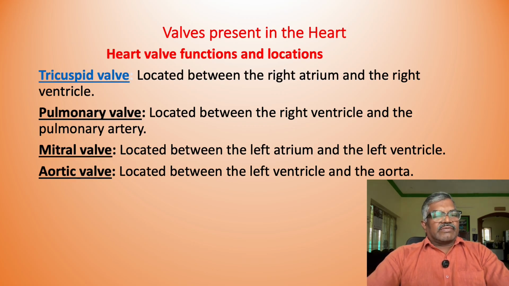Then the aortic valve, from the word aorta, located between the left ventricle and the aorta. I already told you the aorta is an artery. It's a very thick artery which carries oxygenated blood from the heart to all body parts.